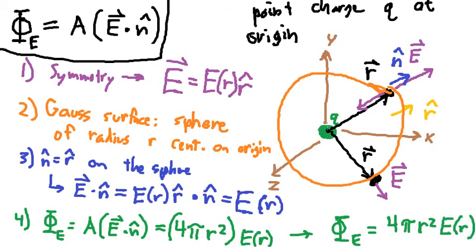So let's do step 4 in green. I haven't really used green yet. Step 4: the electric flux here is equal to the entire surface area of the sphere times this E dot n hat product. What is the surface area of a sphere?